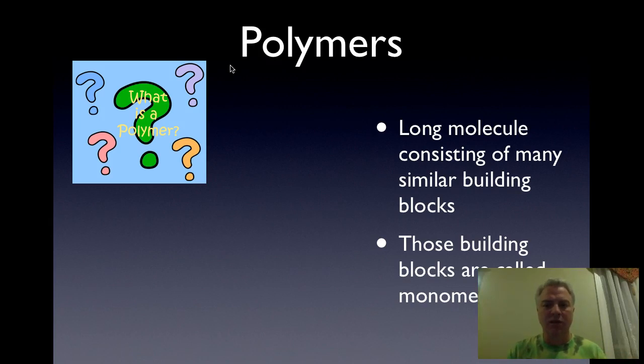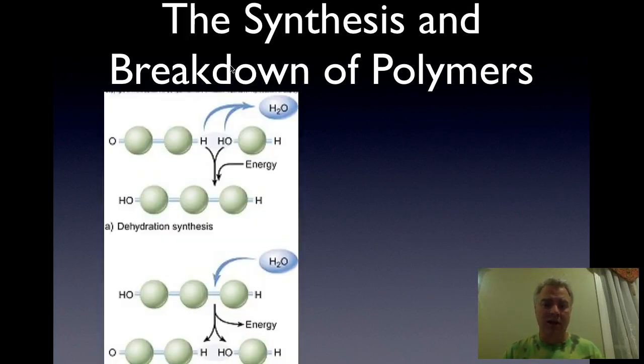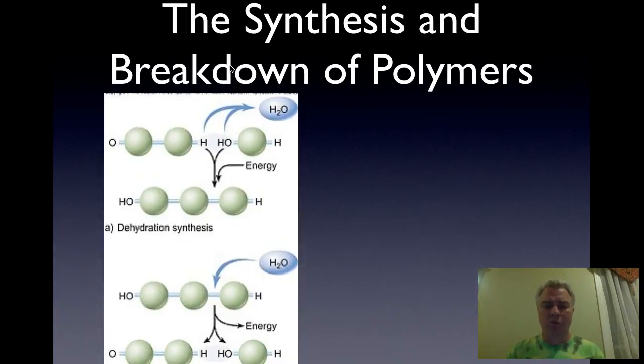A couple of things we need to know about polymers are how they're formed, the synthesis of them, and how they're broken down. If you look at this picture here, I think it really helps visualize how they're formed. What's going on here? We have two monomers.